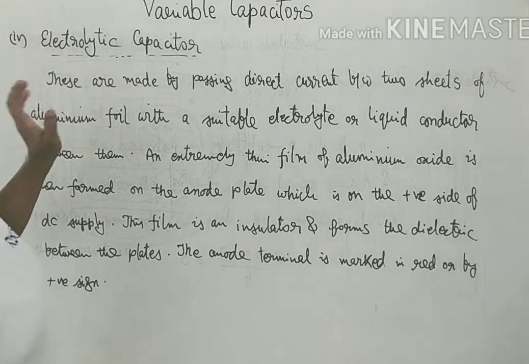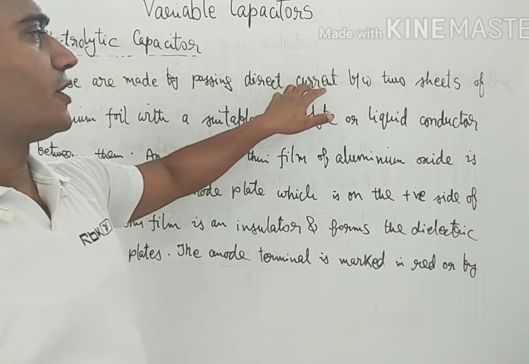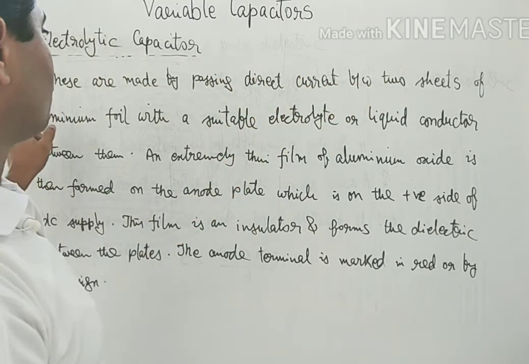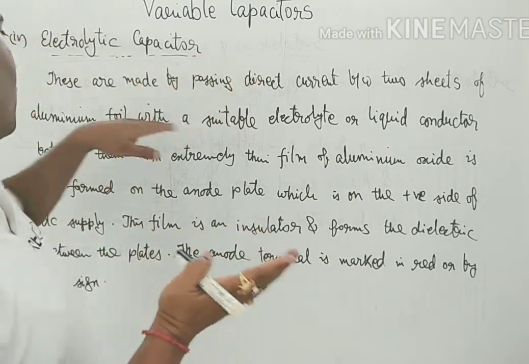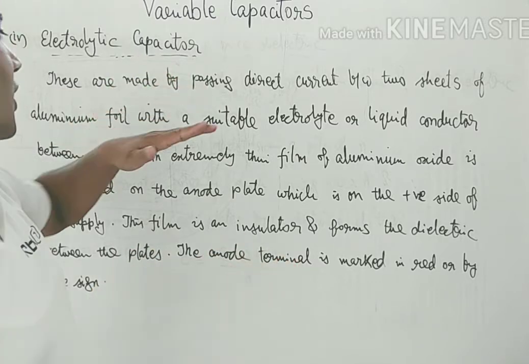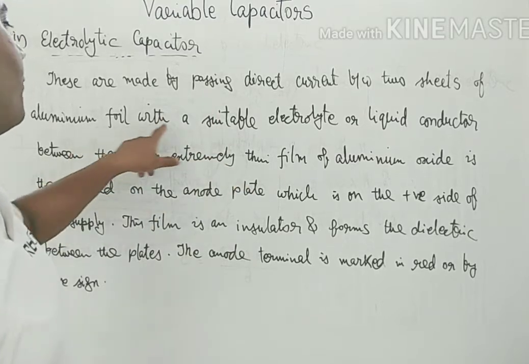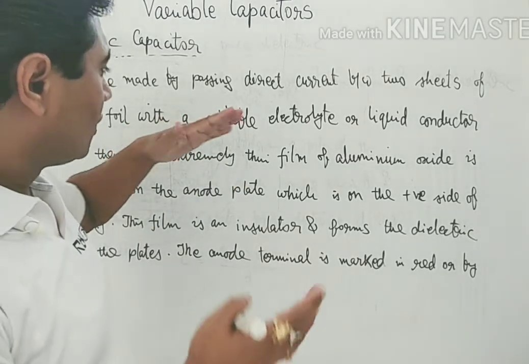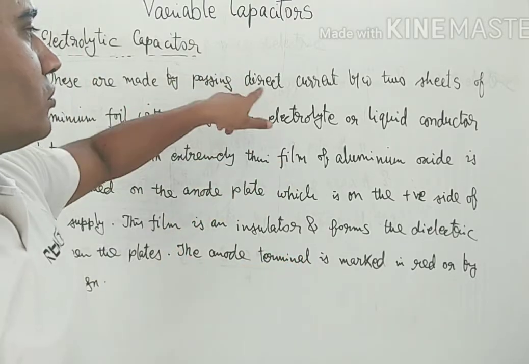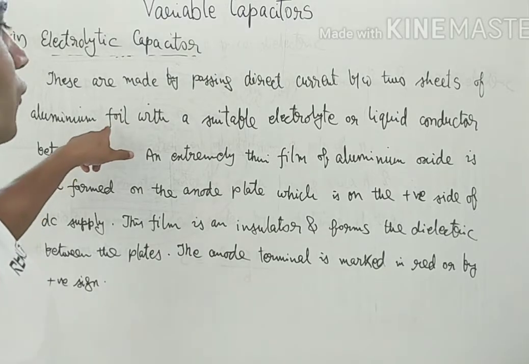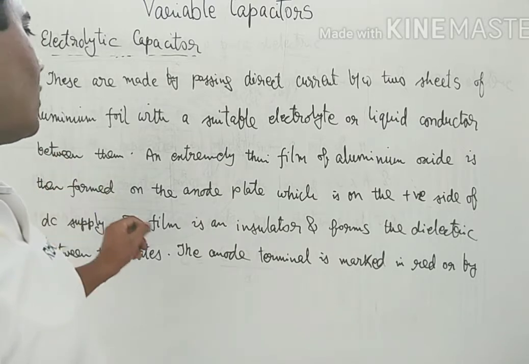Let me just read it out. These are made by passing direct current between two sheets of aluminium foil. It means two plates of aluminium foil are taken, DC current is supplied between them, and an electrolyte or liquid conductor is taken in between.